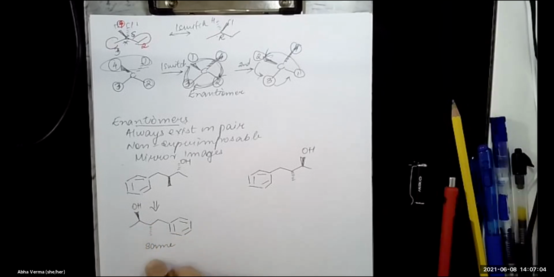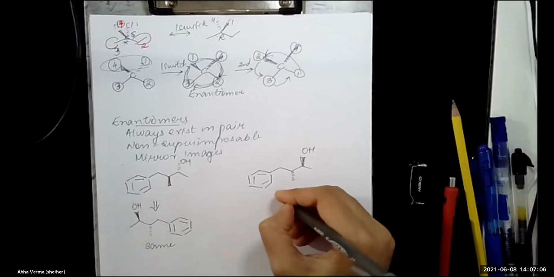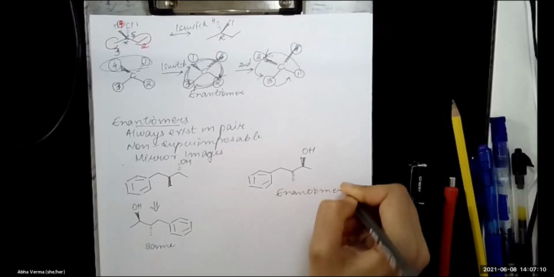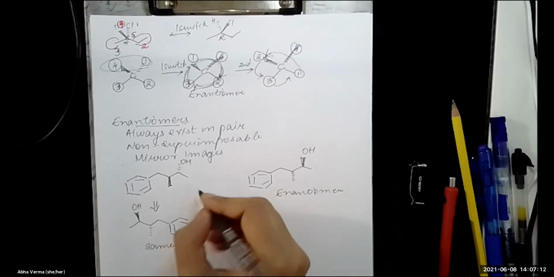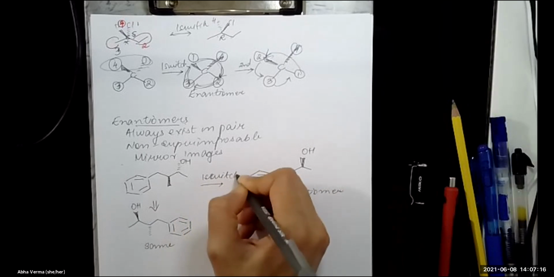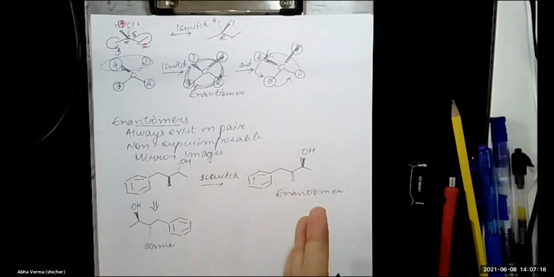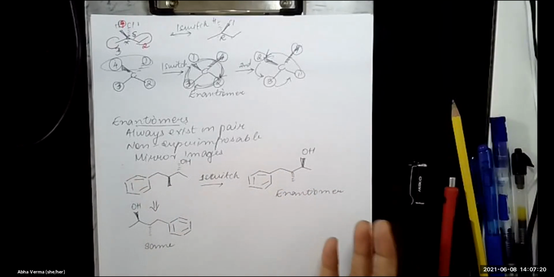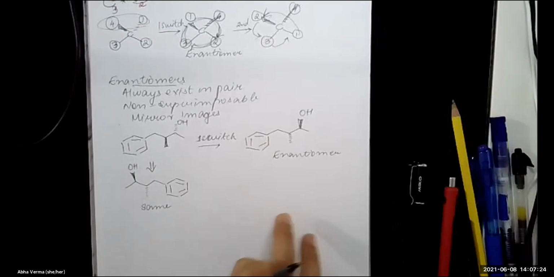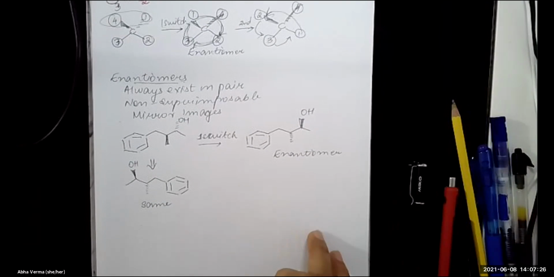This is my same structure. This is my enantiomer. Now, this is one of the ways by which we look at structures, and you can have different versions for complicated looking structures. So how would you always be sure that you're drawing the same thing?